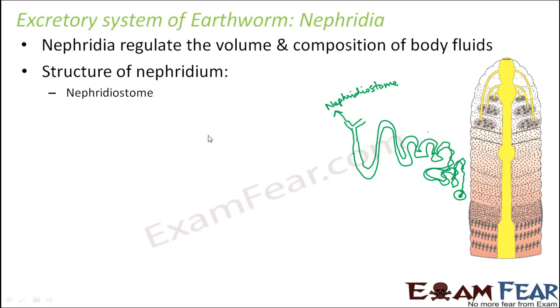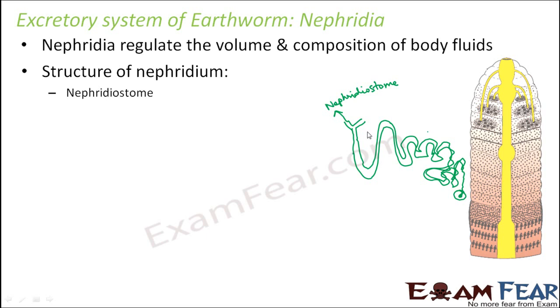So what does it do? All the coelomic fluid with waste enters here. So this is the place where all the coelomic fluid, or all the fluid of the body cavity, enters, and then this funnel connects to a tube. This is also known as nephridium's thin loop. So this tube will reabsorb some solutes and relinquish them into the blood.